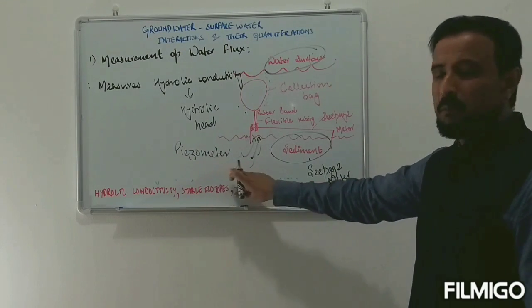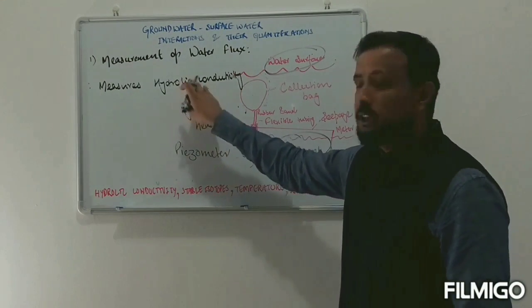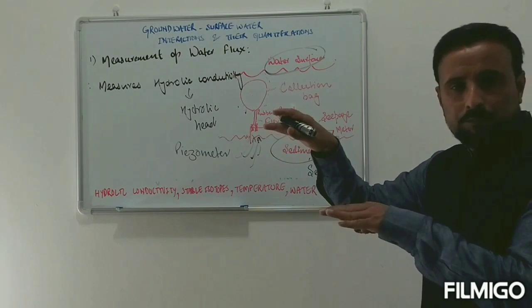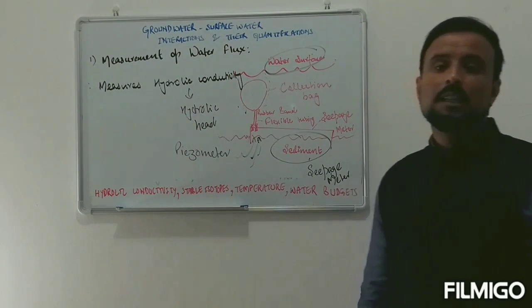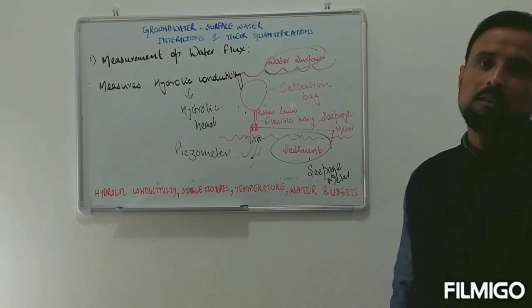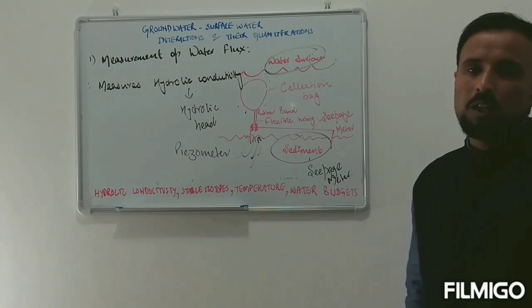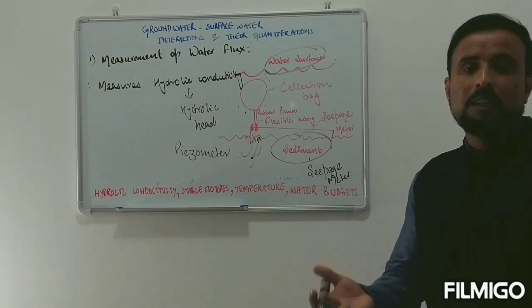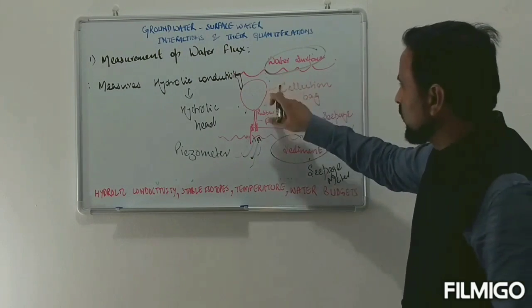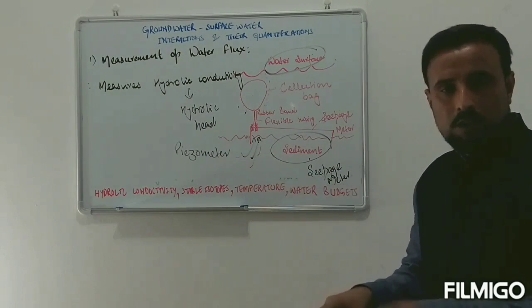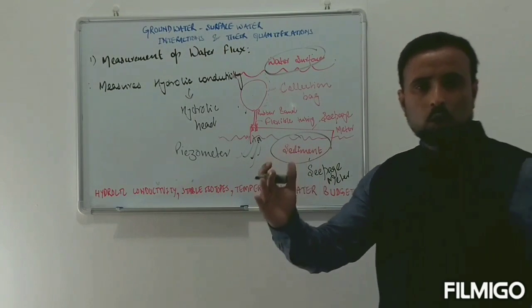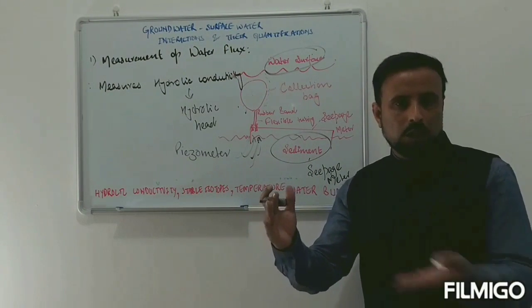The piezometer measures the hydraulic conductivity of both layers, the groundwater layer and the surface water layer, and compares it. This is the basic idea about a seepage meter. When there is a gaining stream, if these seepage meters are kept in different locations in the water, suppose there is a gaining stream, water is going from the groundwater level to the surface water.